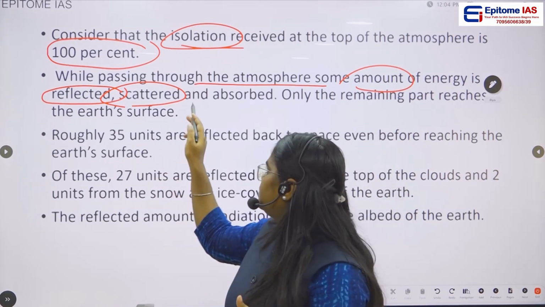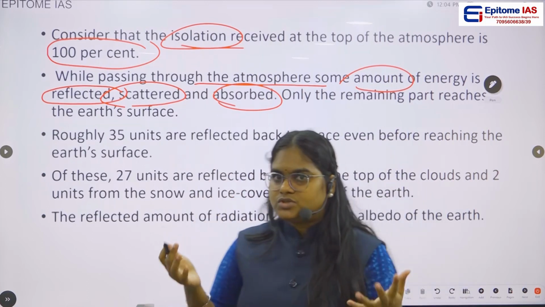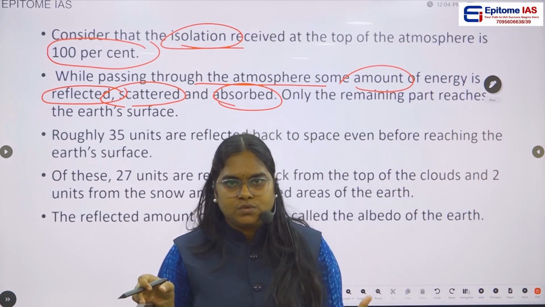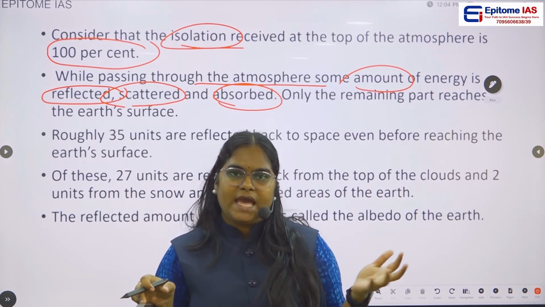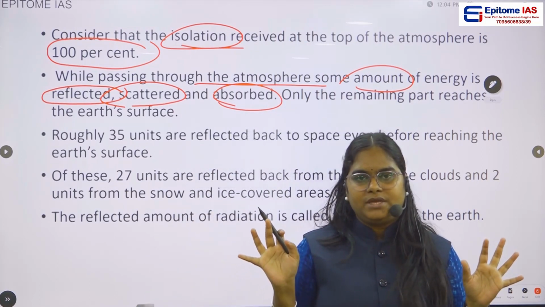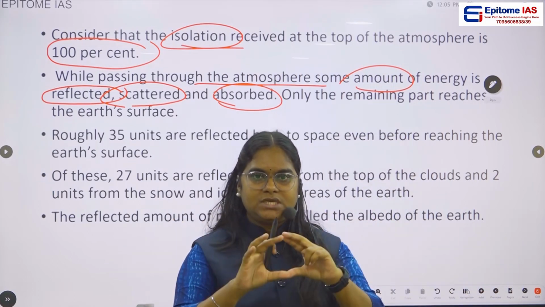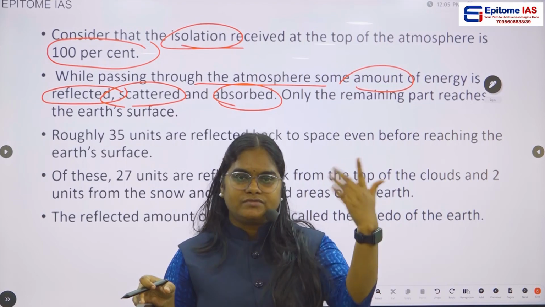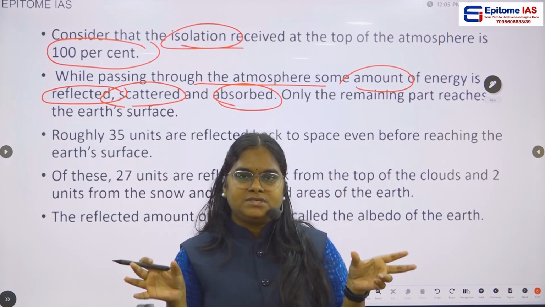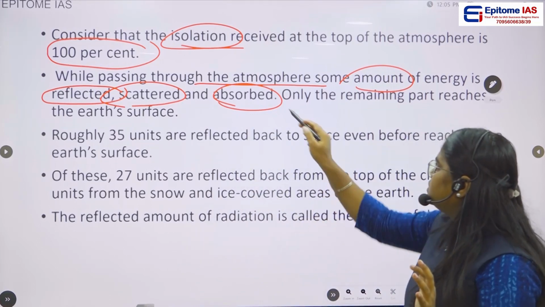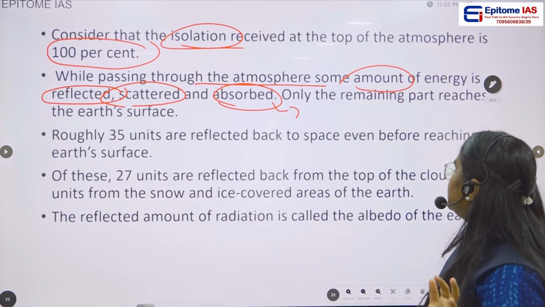Then some of the incoming solar radiation is absorbed by some of the gases. We have ozone in the stratosphere, so they actually absorb the incoming solar radiation. Because of that only, if you see the different layers of the atmosphere, the stratosphere is very hot compared to the other layers, because it is absorbing the incoming solar radiation.